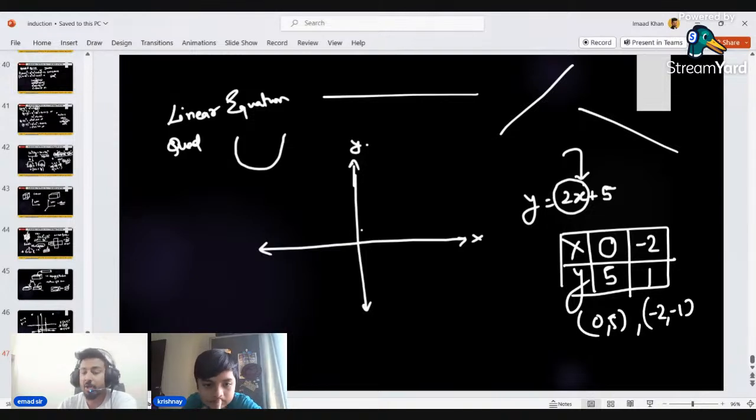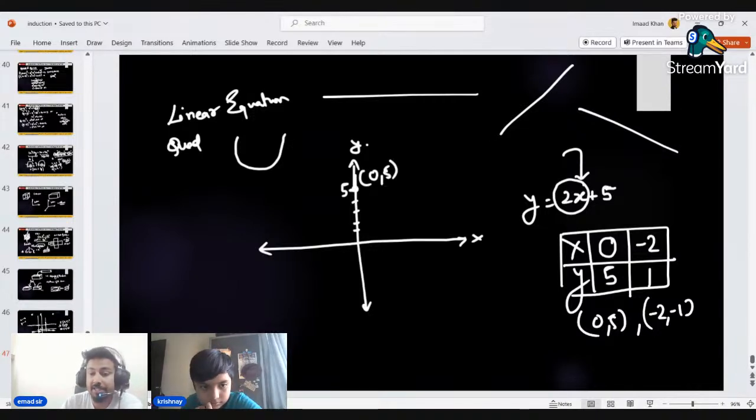Okay. So 0 comma 5 will be on which quadrant or which axis? Basically, it will not be in a quadrant, it will be on the y axis. Yes. So here x is equal to 0 and y is equal to 5, so this will be the point 0 comma 5.